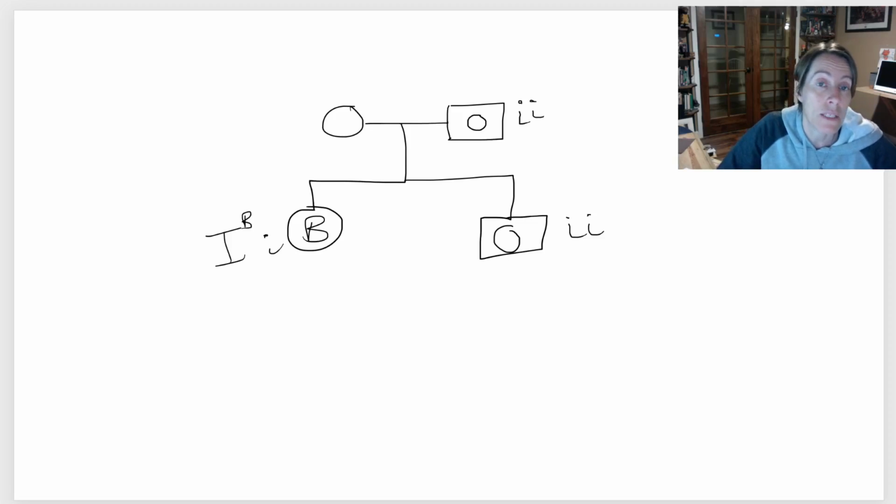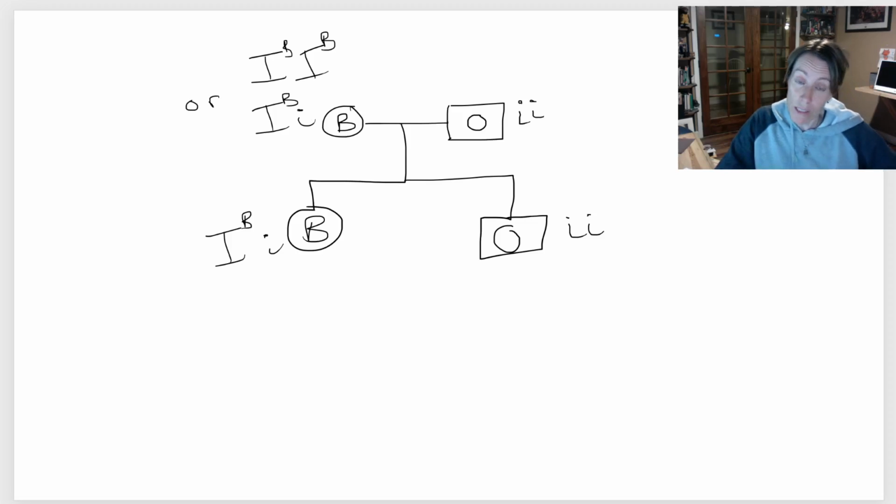My mom is also type B. So what are her options? She could be big I B, big I B, or she could be big I B, little i. That would give her type B, either of those. But we can determine her too, because look at my brother. For my brother to have got two little i's, who did he get them from?